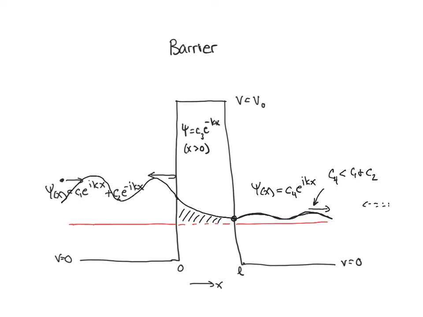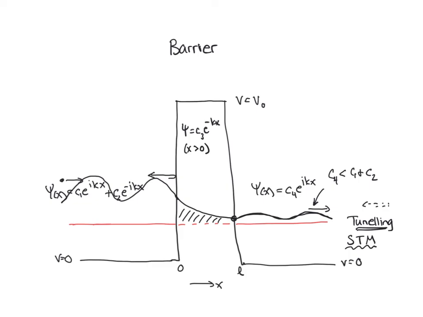This phenomenon where I can have a particle start on one side of the barrier and show up on the other side of the barrier is called tunneling. And it is the basis of the scanning tunneling microscope that allows us to actually visualize and look at single atoms on a surface or in an appropriate solid.